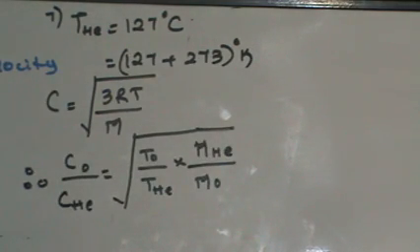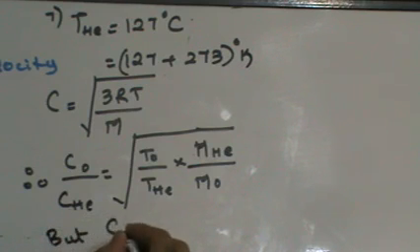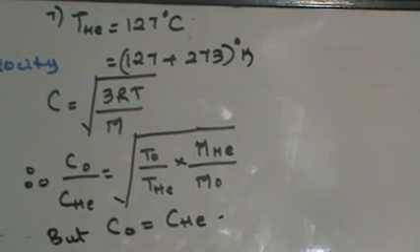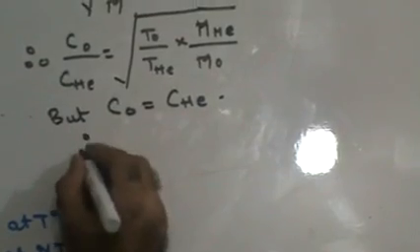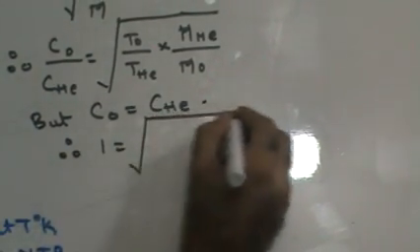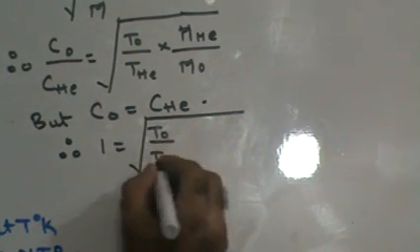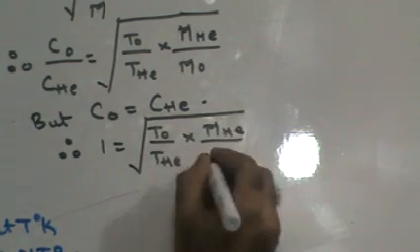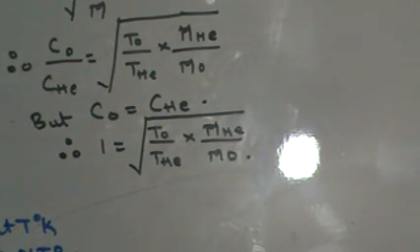Right? So in this case, it is given to you that RMS velocity of oxygen is the same as RMS velocity of helium. Therefore, you will get 1 is equal to square root of temperature of oxygen to temperature of helium into molecular weight of helium to molecular weight of oxygen, right?